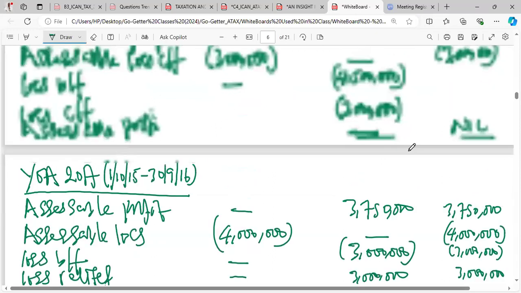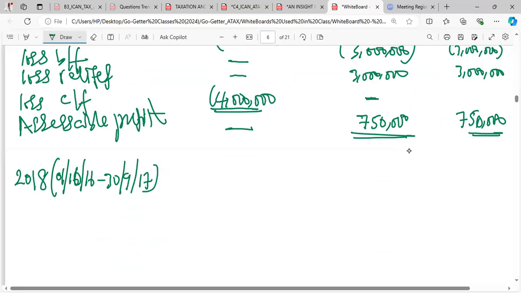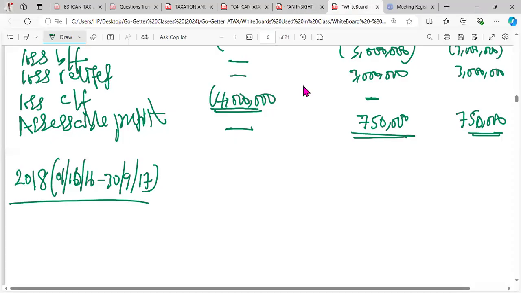The next year is 2018. 2018 year of assessment is October 1, 2016 to 30th September 2017. We are doing 2018, right?